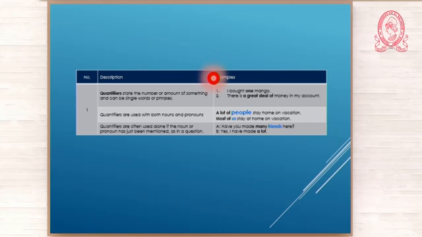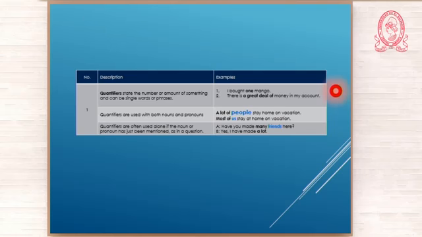Now, let us see example number 2. There is a great deal of money in my account. That is not true, of course, but anyway, a great deal of is a quantifier, but it is not a single word. What is it? It is a phrase, okay? And it is not stating a number. It is stating an amount, okay? So a quantifier states the number or amount of something and can be single words or phrases.